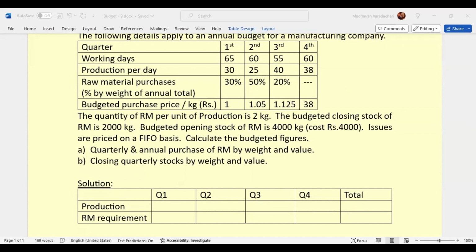That means it is 65 into 30, we will get 1950. The next one, quarter 2, it is 60 into 25, we will get 1500. Here it is 55 into 40, we will get 2200. Here it is 60 into 38 for quarter 4, it will be 2280.